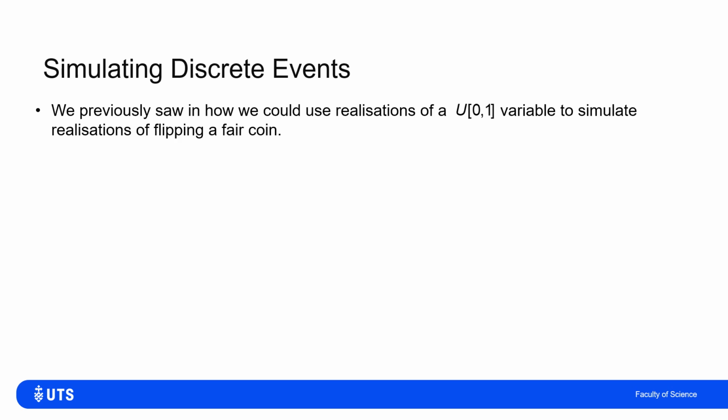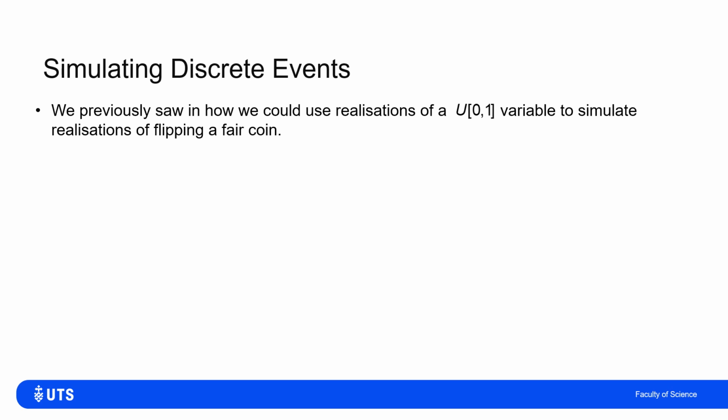We previously looked at simulating the outcome of a fair coin flip, that is a coin that lands heads with probability 50% and tails with probability 50%, using a set of realizations of a uniform 0-1 variable.